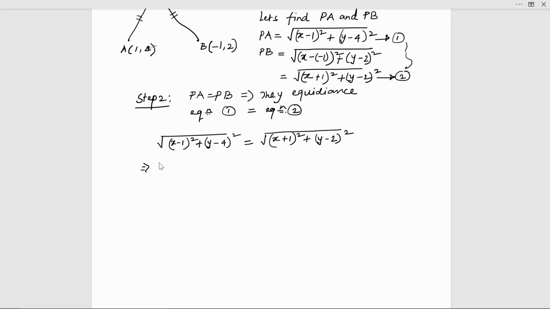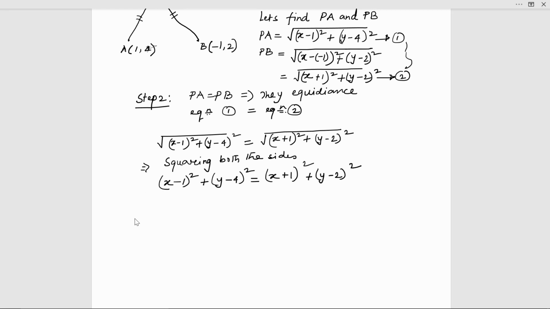Now we are squaring both the sides, so the square root will be removed and we have (x minus 1) square plus (y minus 4) square, which is equal to (x plus 1) square plus (y minus 2) square.